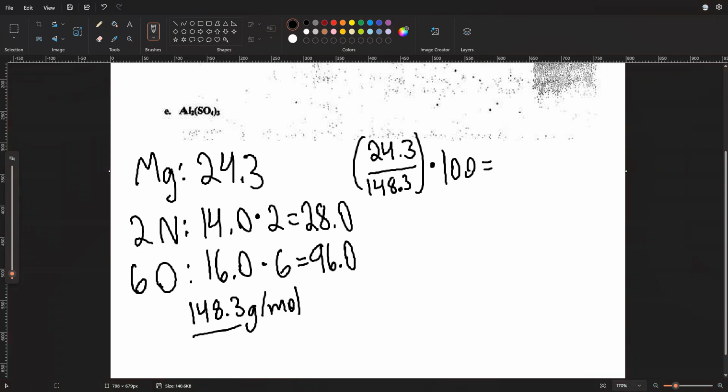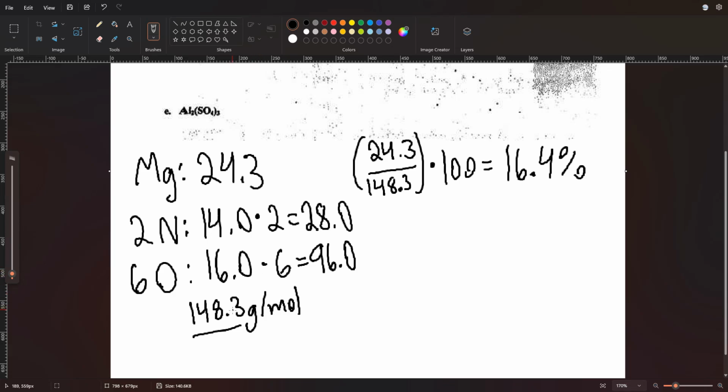And that's going to leave us with 16.4%. Now I'm working with three significant figures. So 24.3, that's 3, 14.0, that's 3, 16.0, that's 3.